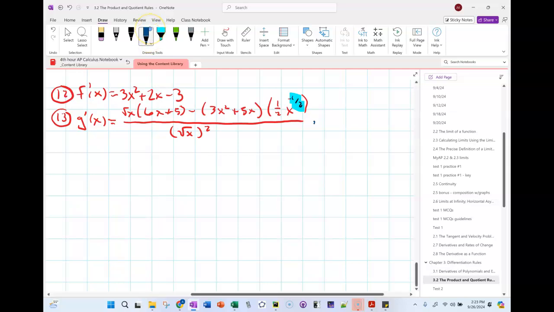So what I would do first, I suppose, is this. When I multiply it here, that just turns into x, and I multiply it here, that just turns into 1.